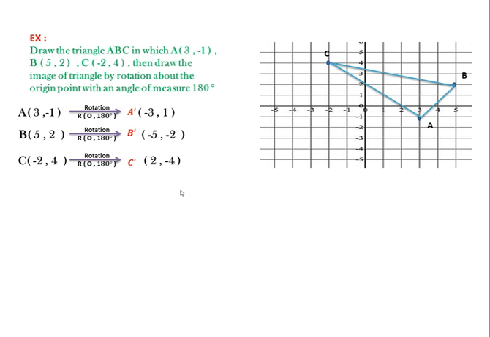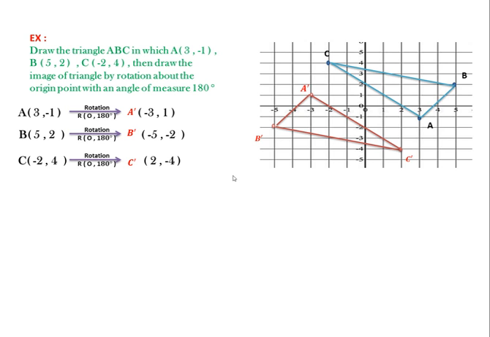Now we can locate the 3 points A dash, B dash and C dash in the coordinate plane to get the image: A dash (-3, 1), B dash (-5, -2), C dash (2, -4). Then join the 3 points A dash, B dash and C dash to get the image of the triangle ABC.